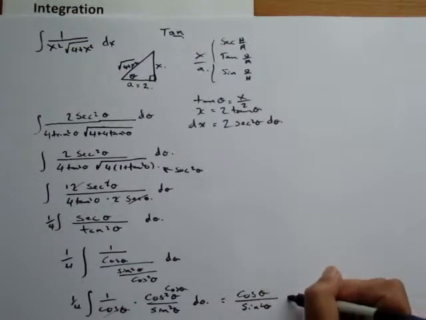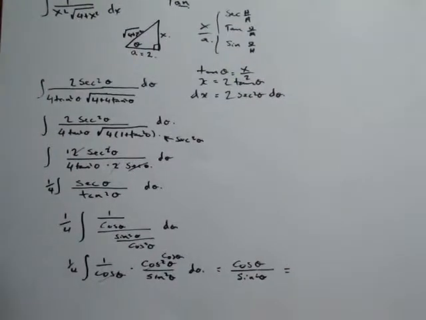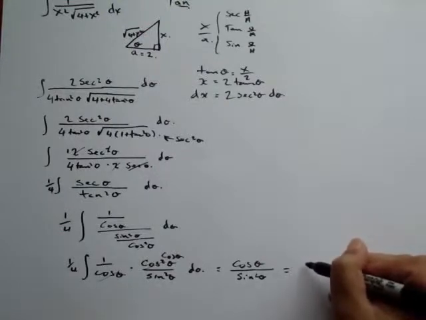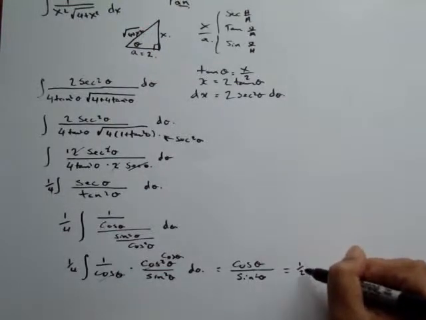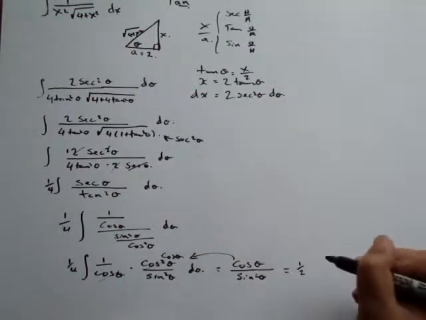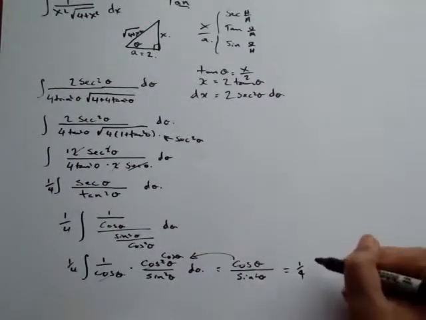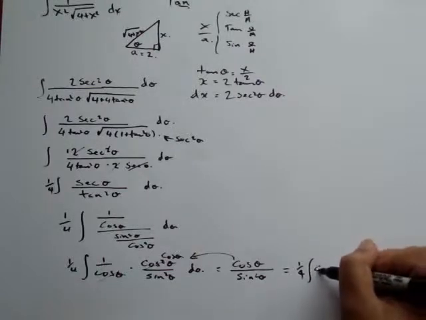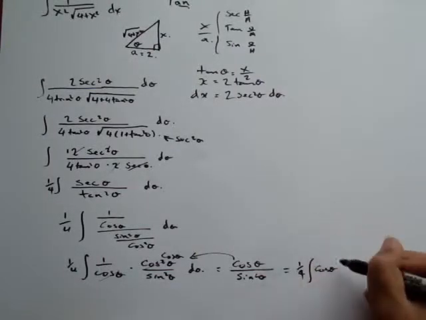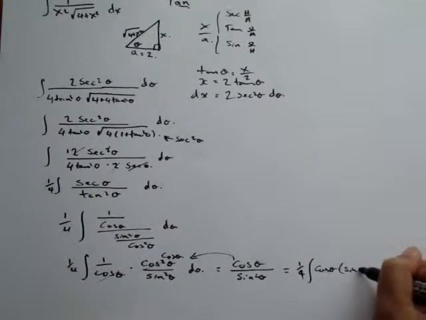Now we can bring the sine squared theta to the top, so that becomes a quarter integral of cos theta sine theta to the minus 2 d theta.